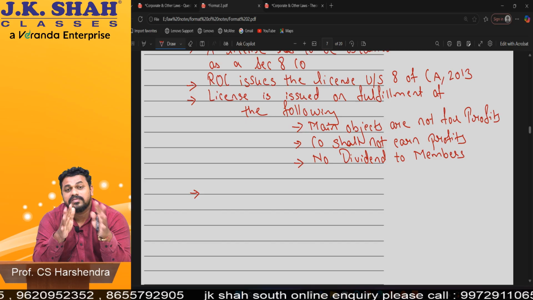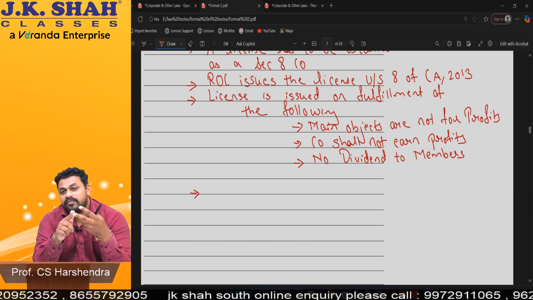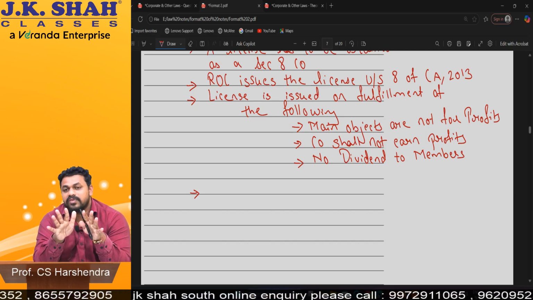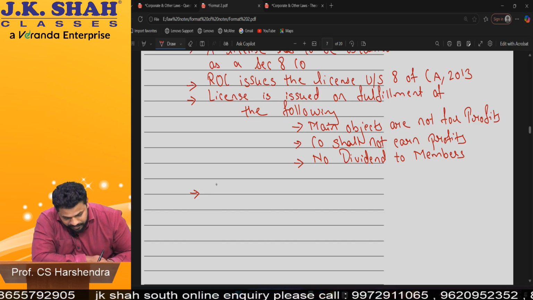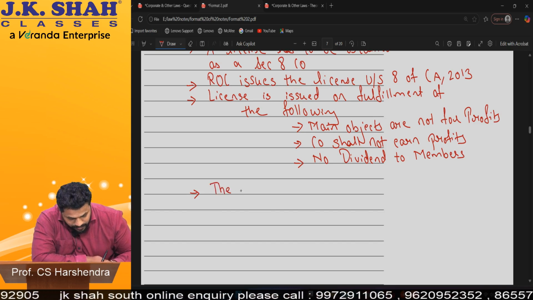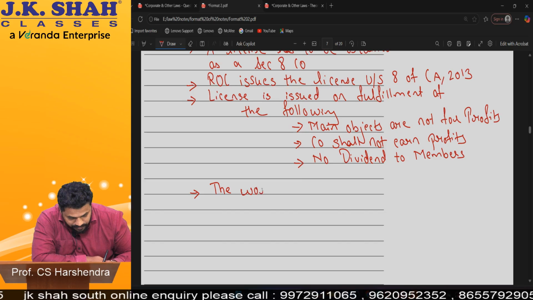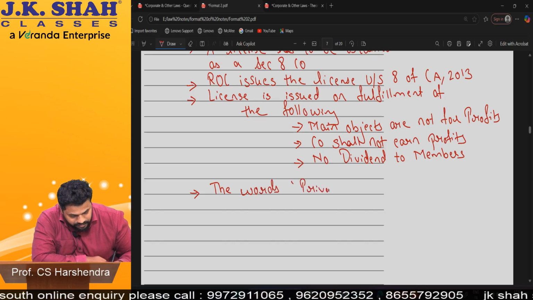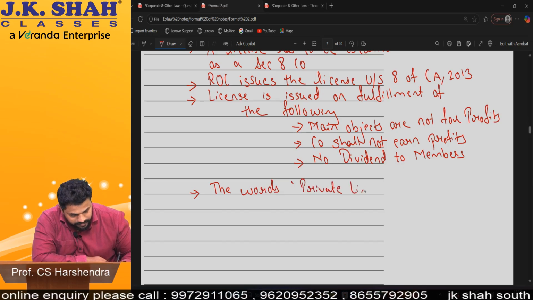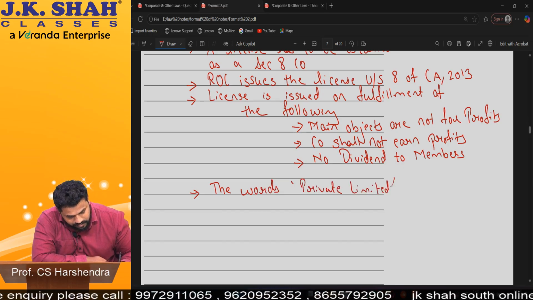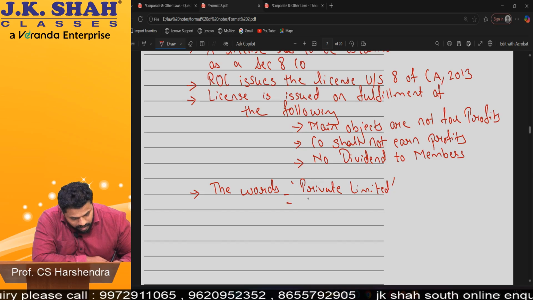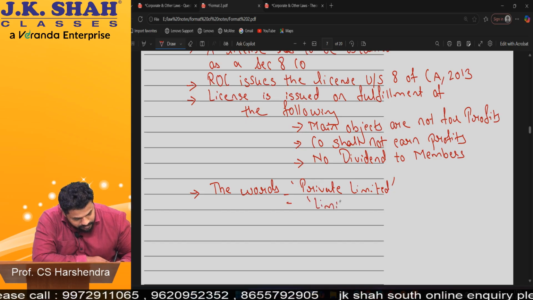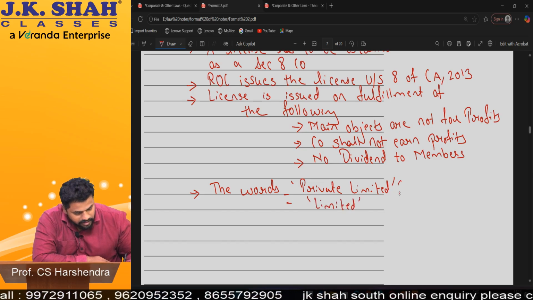These words will come: association, council, confederation, federation. So the words private limited or limited are not required.